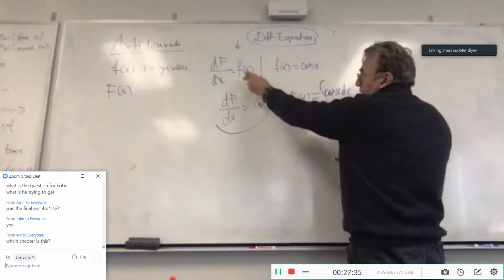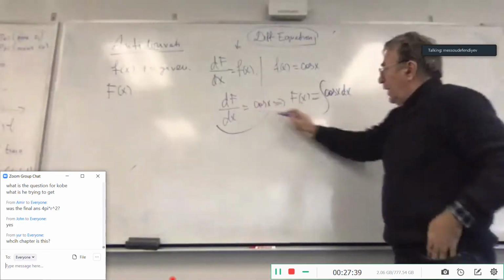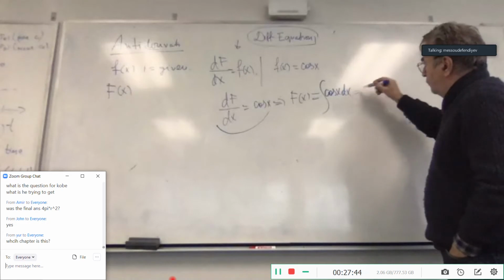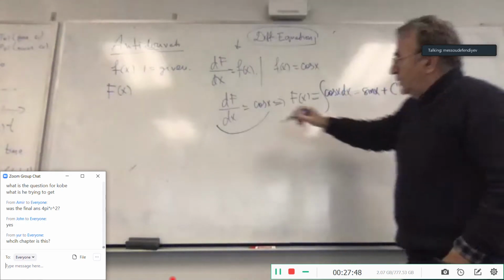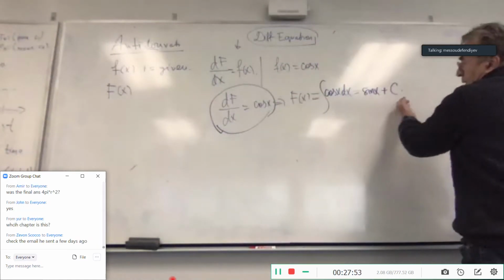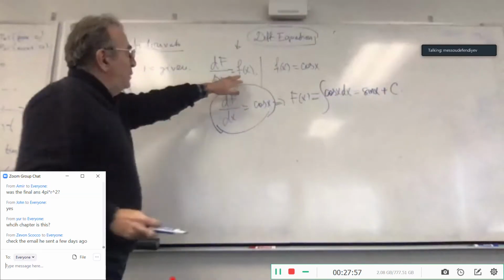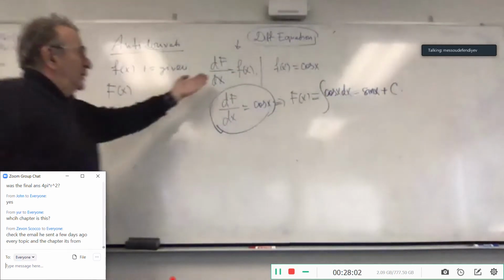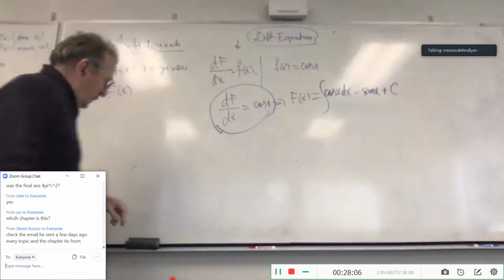This function is given. Now we are looking for the f of x. Then we know that this is equal to sine of x plus c. That means this equation has a solution in this form. This is the very simplest form because the right hand side depends only on x, in this form f of x, right?